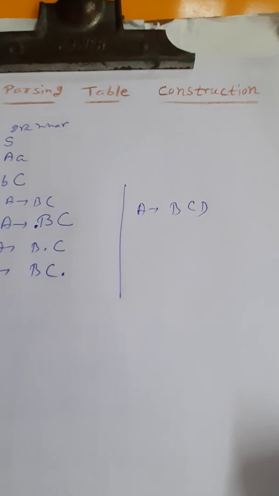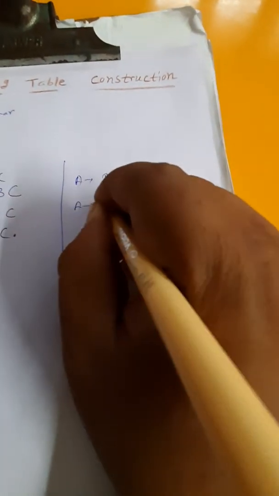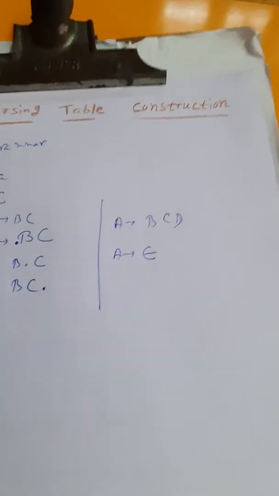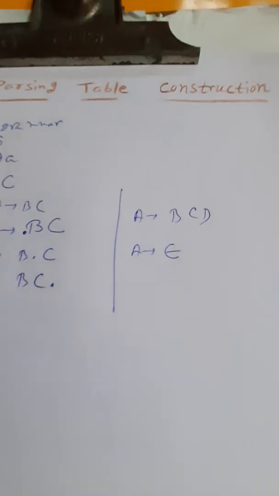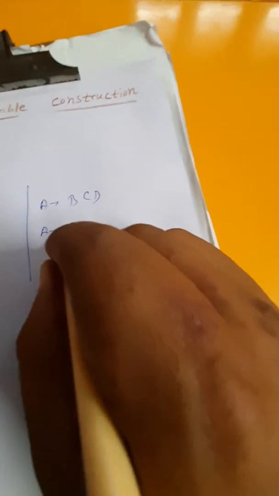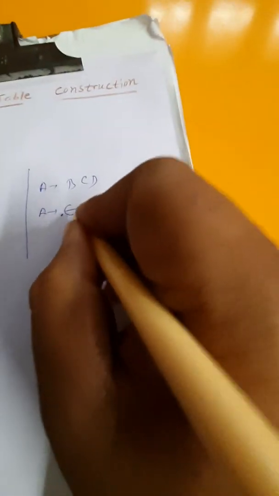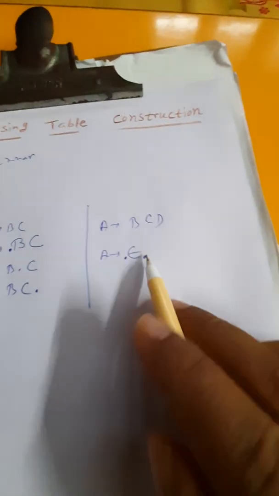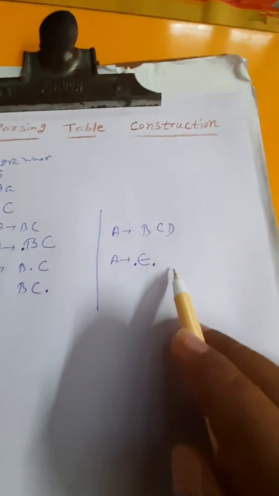If the rule is A produces epsilon, epsilon means actually nothing. It is just like a vacuum. So it does not matter whether you add the dot on one side or the other, because it's just a vacuum. Both are the same.